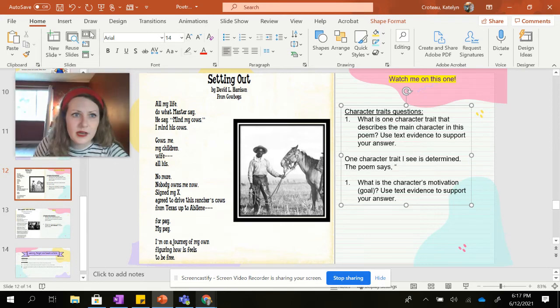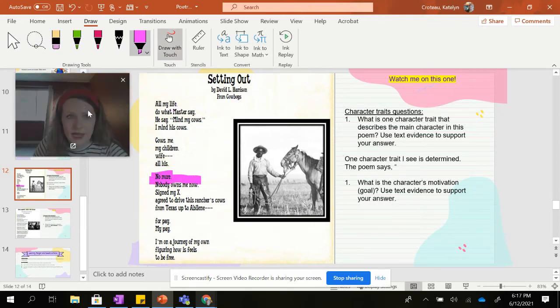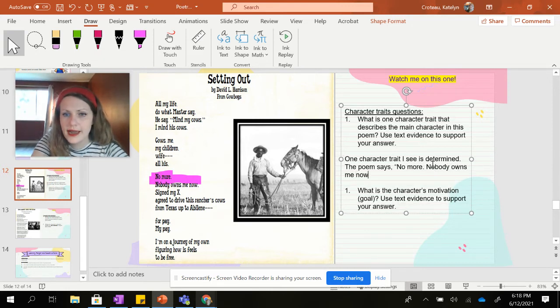I'm going to use this line because I think it is the line that best shows that he's determined right here. No more. Nobody owns me now. It's him being determined to get away from it. No more. Nobody owns me now. That's me showing how he's determined.